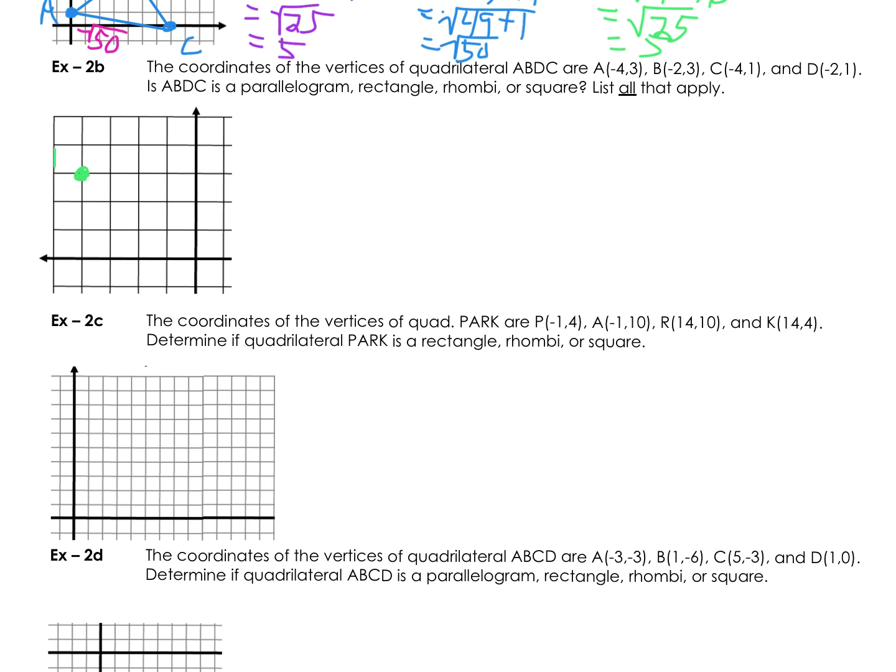So that's A. And then to the left, so negative 2, 3 would be to the left 2 and up 3. And that's B. And then C would be to the left 4, up 1. And then D is to the left 2, up 1. Connect those with straight edge.